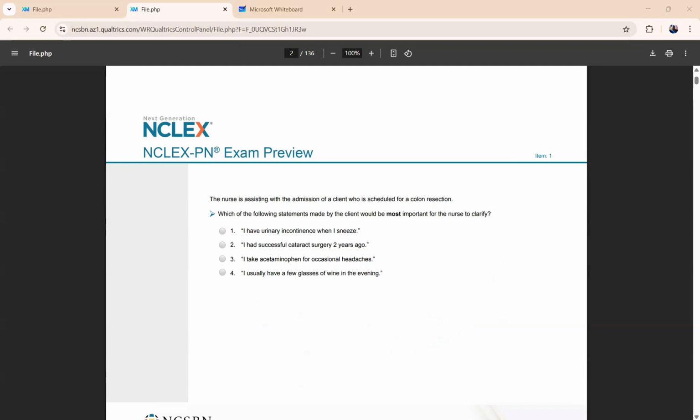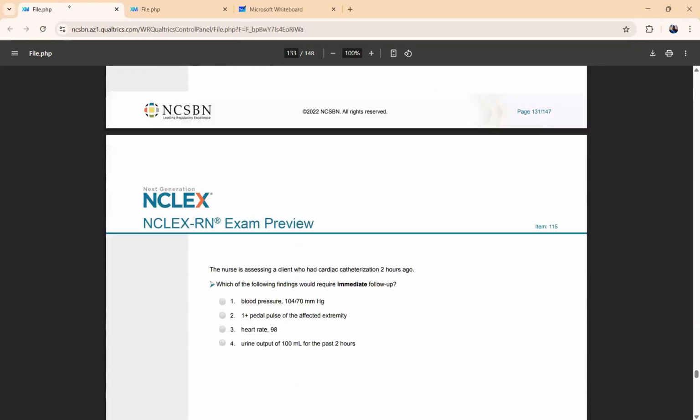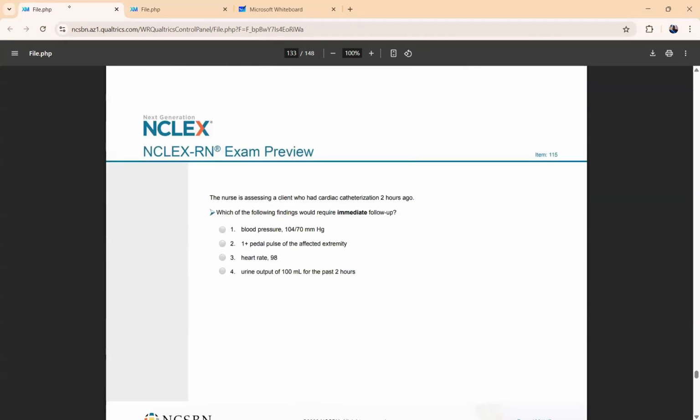Right. So now, look at how the NCLEX can test complication. You can see right here, it's different because right now this is a surgical procedure, but look at what the NCLEX is saying. The nurse is assessing a client who had what? Cardiac catheterization. That's a surgical procedure. But look at what the NCLEX is saying in this term. Which of the following findings would require immediate follow-up?